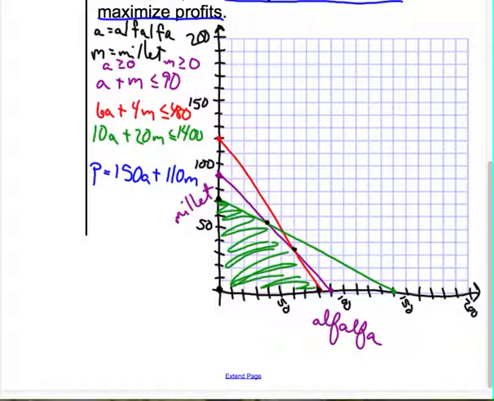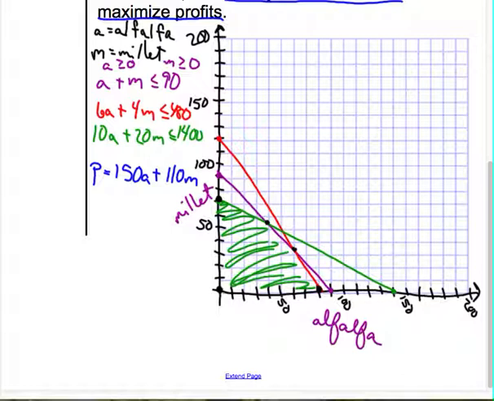So I would check those two vertices first, but then we still have to check our X and Y intercepts in order to see if maybe we just plant alfalfa, that will truly maximize our profits. So again, looking at my graph, I don't have a clear idea of where these intersect because my lines aren't perfectly straight. So we would go ahead and solve the system in order to see.